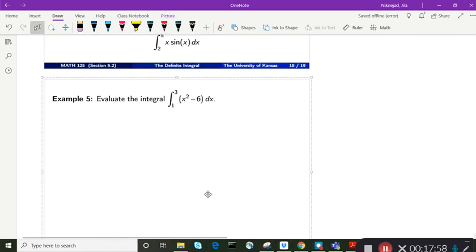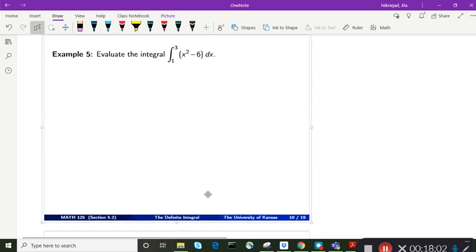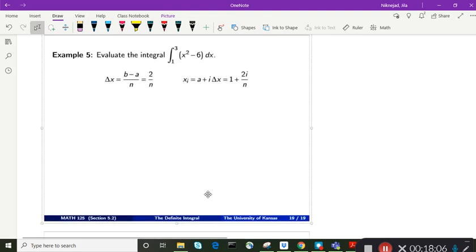Now let's evaluate some definite integrals. Let's start with the integral from 1 to 3 of x squared minus 6 dx. And let's try to make it into a Riemann sum. Here, let's say delta x again is b minus a divided by n, that's 2 over n.